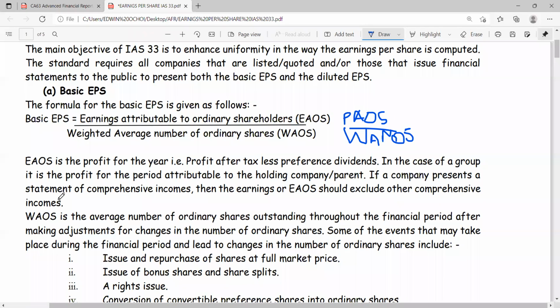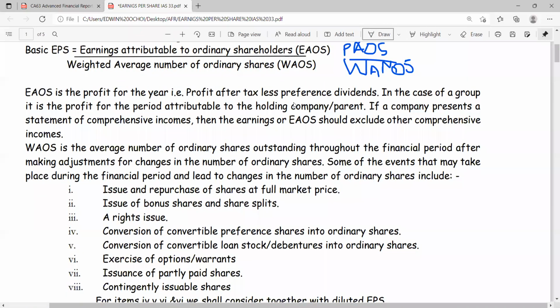If a company presents a statement of comprehensive income, then the profit attributable to ordinary shareholders should exclude other comprehensive income. In short, to do the basic EPS, you take the profit attributable to ordinary shareholders and divide by the weighted average number of ordinary shares.